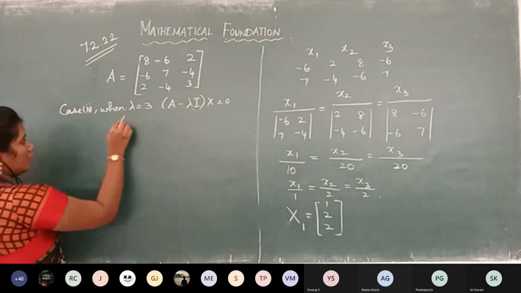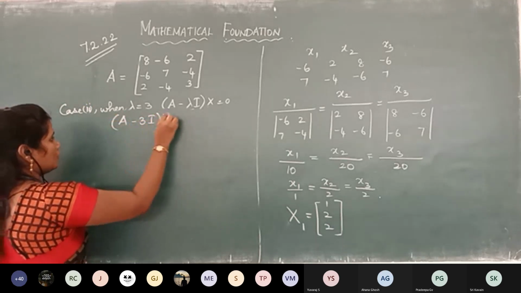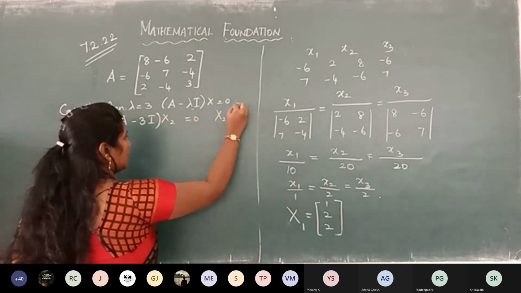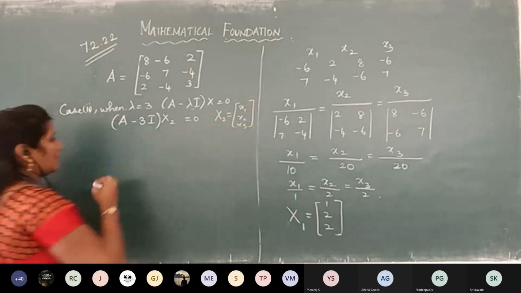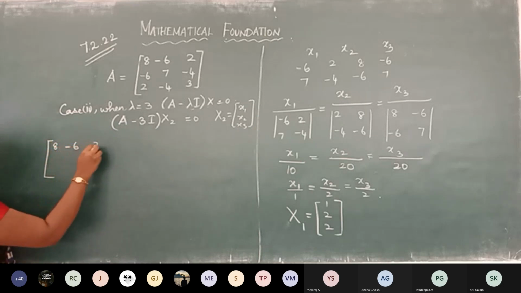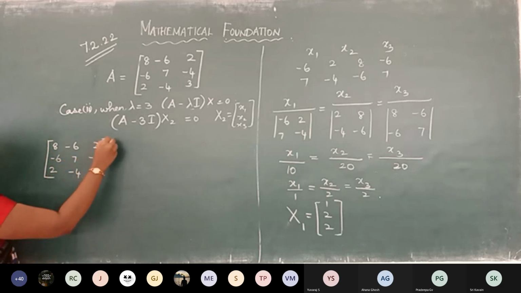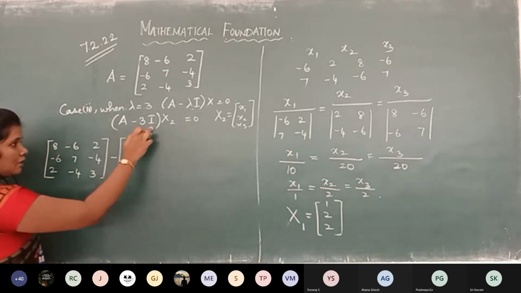Here what you'll be finding out is A minus 3I into x2 is equal to 0, where x2 we will take as x1, x2 and x3. Again here you'll have the matrix A: 8, minus 6, 2, minus 6, 7, minus 4, 2, minus 4, 3, minus your identity matrix.